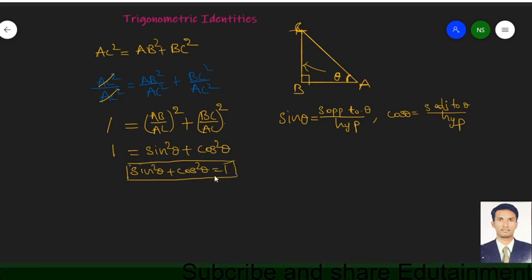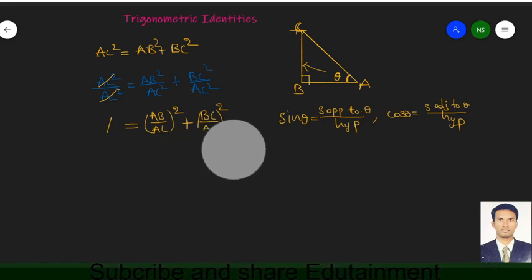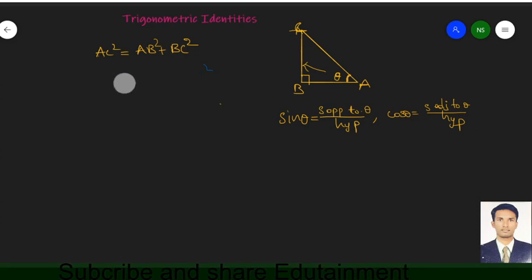Okay, let us move to the second identity now. If we divide with AC, we get sine square theta plus cos square theta equals 1.